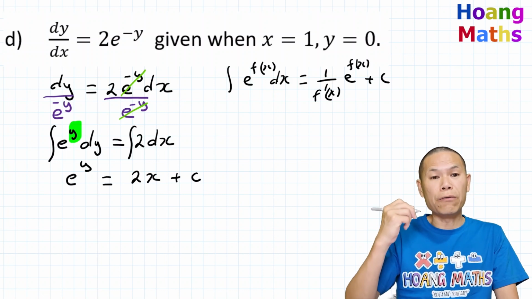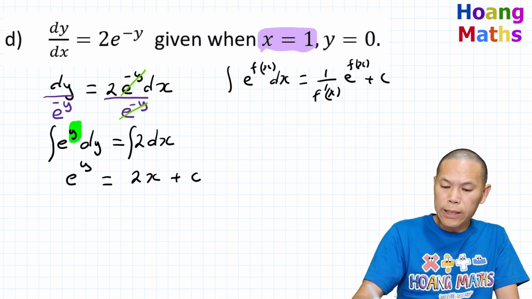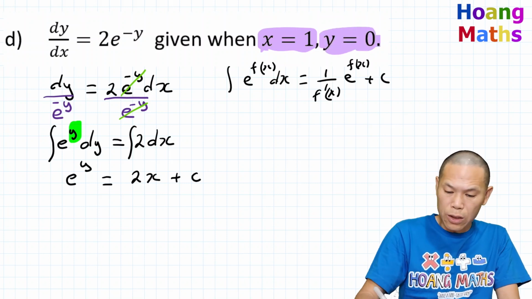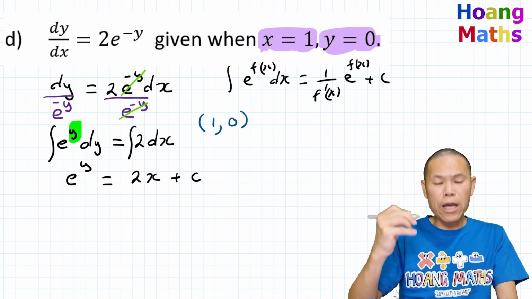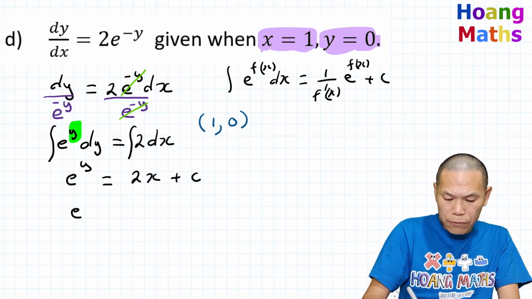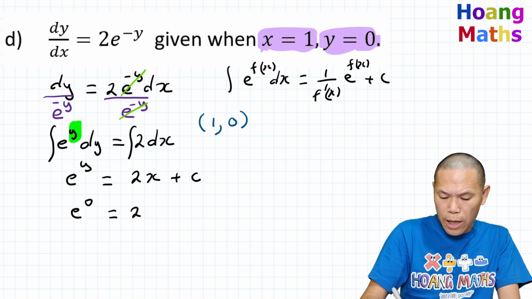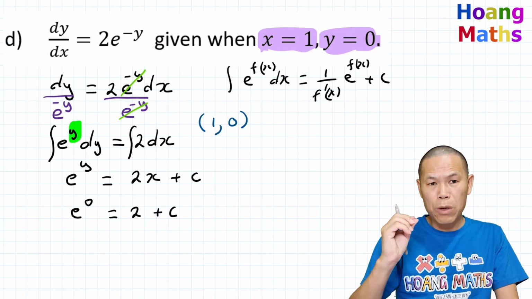We need to find the value of c by using this condition here. When x is 1, y is equal to 0. So that means e to the y becomes e to the power of 0, and 2 times 1 gives me 2, add c. And don't forget, e to the power of 0 gives me 1.